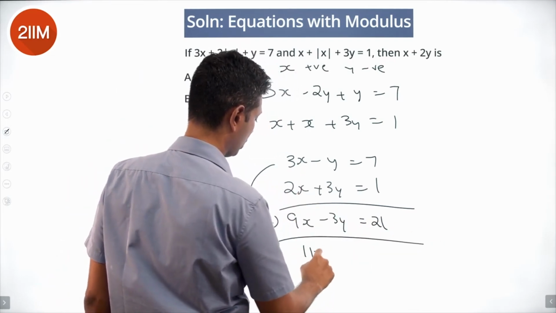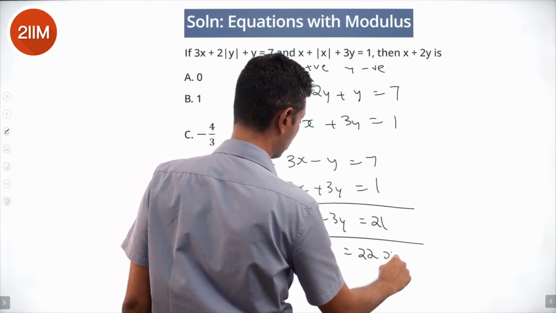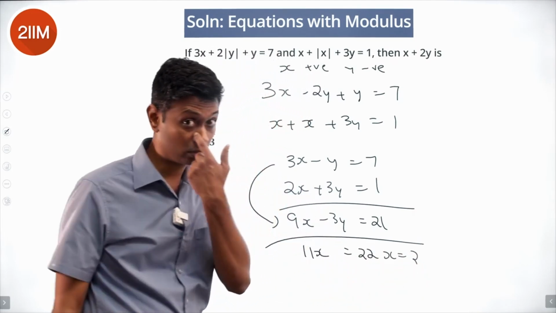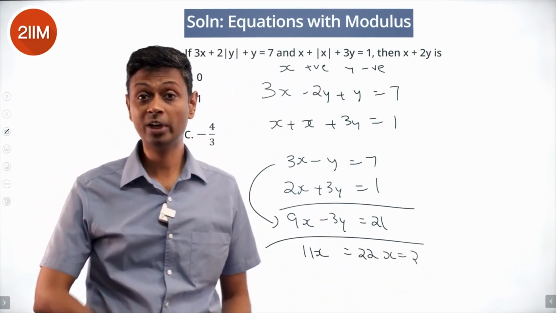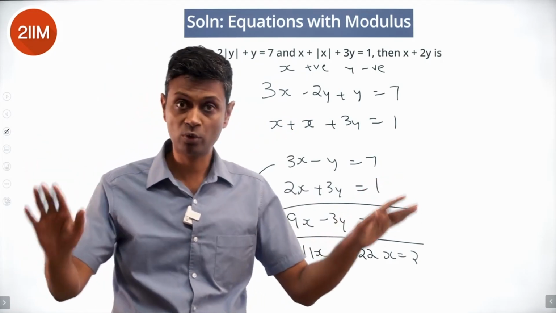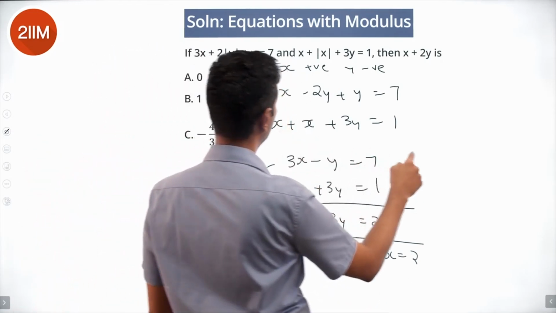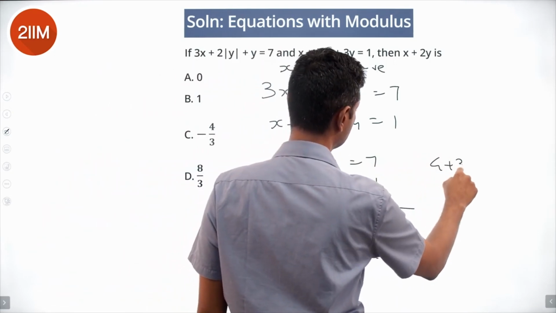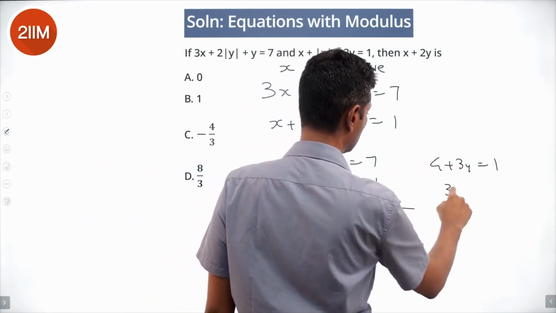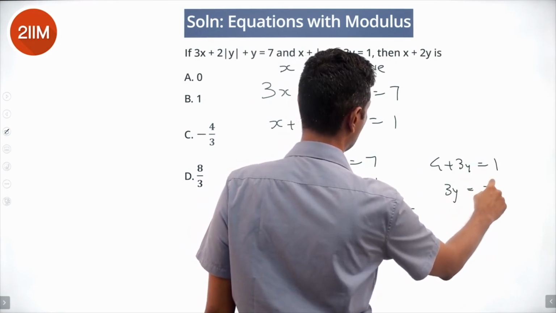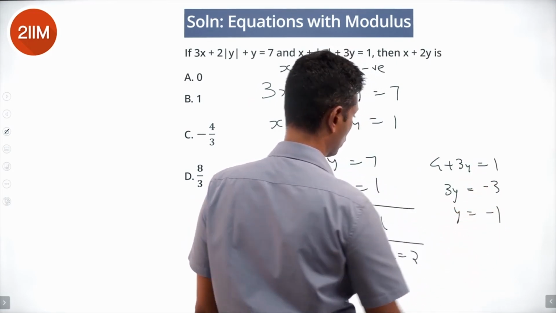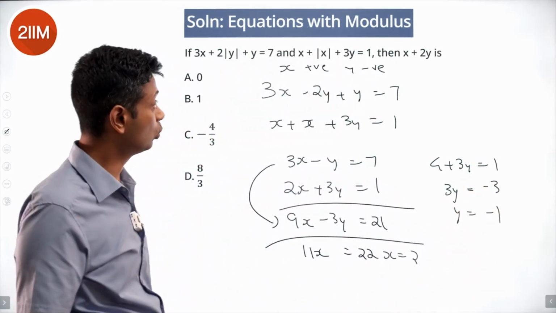Add these two, 11x is 22, x is 2. When we plug in x is 2, we should get y as negative. If we don't get y as negative, there's no solution. When x is 2, let's plug this in. 2 plus 2 is 4, plus 3y is 1. 3y is minus 3, y is minus 1. 2 comma minus 1 works.